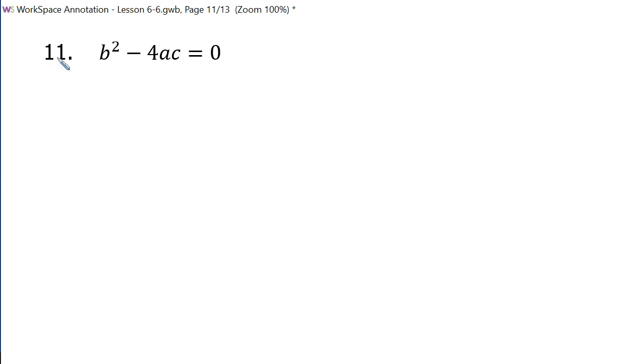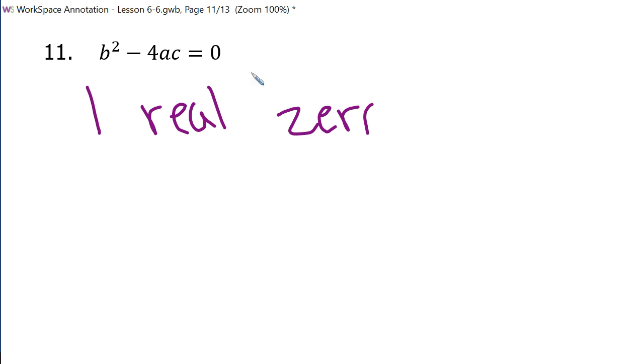So this one has 1 real zero. So if they ask you to describe, make sure you use those descriptions below the graph. And that's the part you have to memorize. There's 2 real zeros. There's 1 real zero. There's no real zeros but 2 imaginary. So memorize those 3.